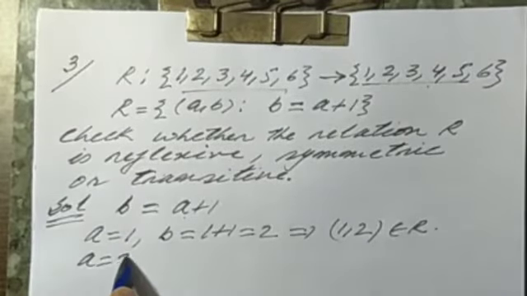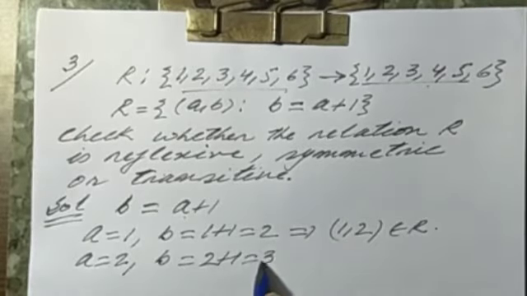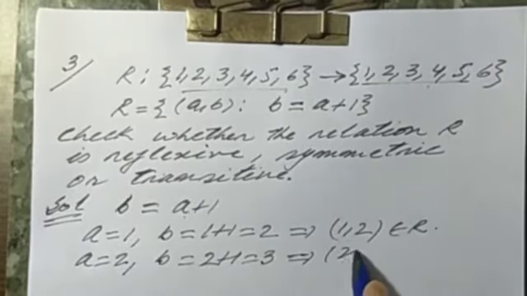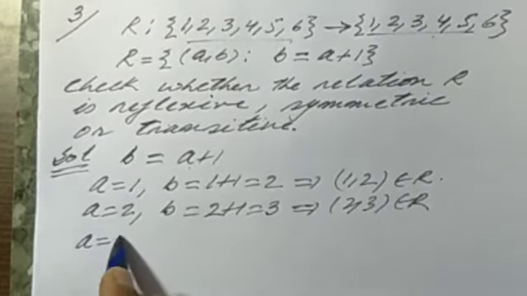If a is equal to 2, then b is equal to 2 plus 1, that is 3. It implies that (2, 3) belongs to R. In the same way, a is equal to 3.